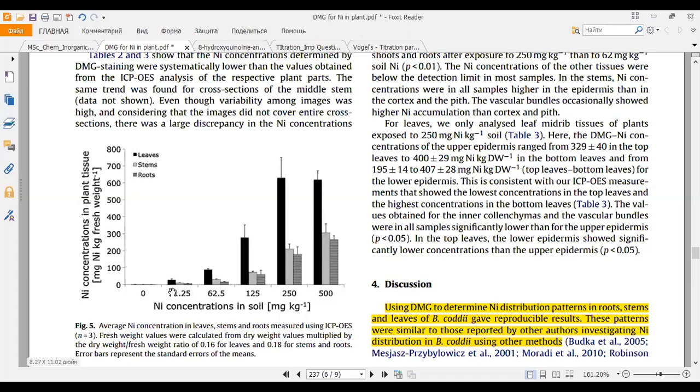So it shows that nickel is most of the time present higher in leaves. In some cases they are present in between in stem, and in roots they are less.